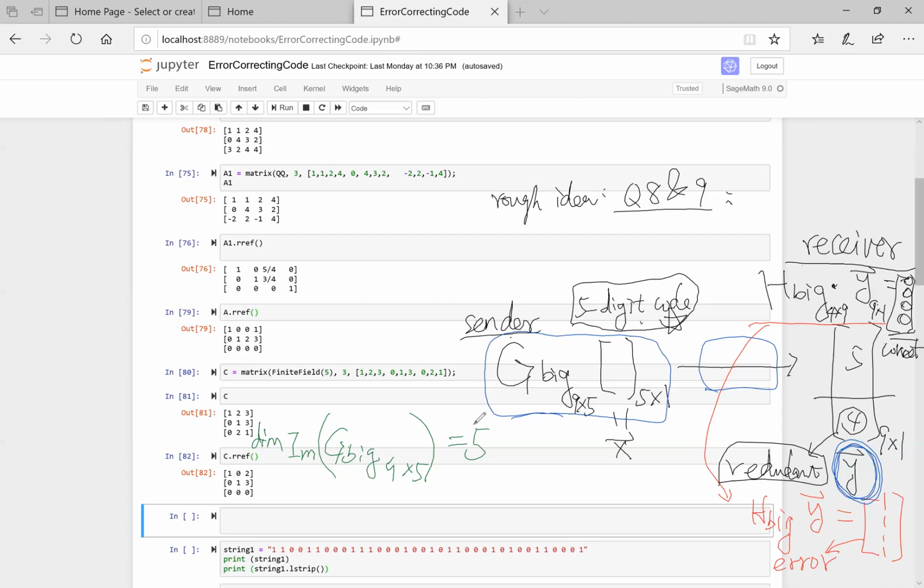Then my kernel of H, with H being 4 by 9: if you solve that, we have 9 variables and 4 equations, so by default the solution space has 5 free variables. That's how we say the dimension equals 5.